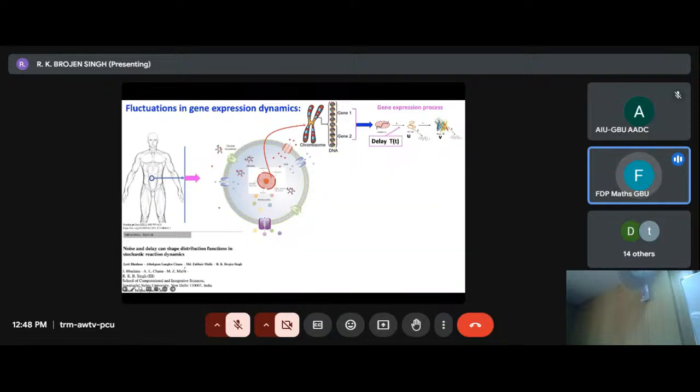From this you can easily solve the process. If you apply delay, the meaning is that some of the reactions are very quick and some are very slow. If you compare the two types of reactions, the first reaction will be the only reaction.